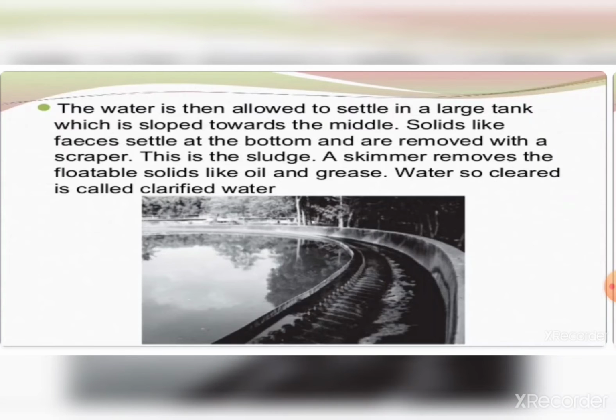Solids like feces settle at the bottom and are removed with a scraper. This is the sludge. A skimmer removes the floatable solids like oil and grease. Water so cleared is called clarified water.